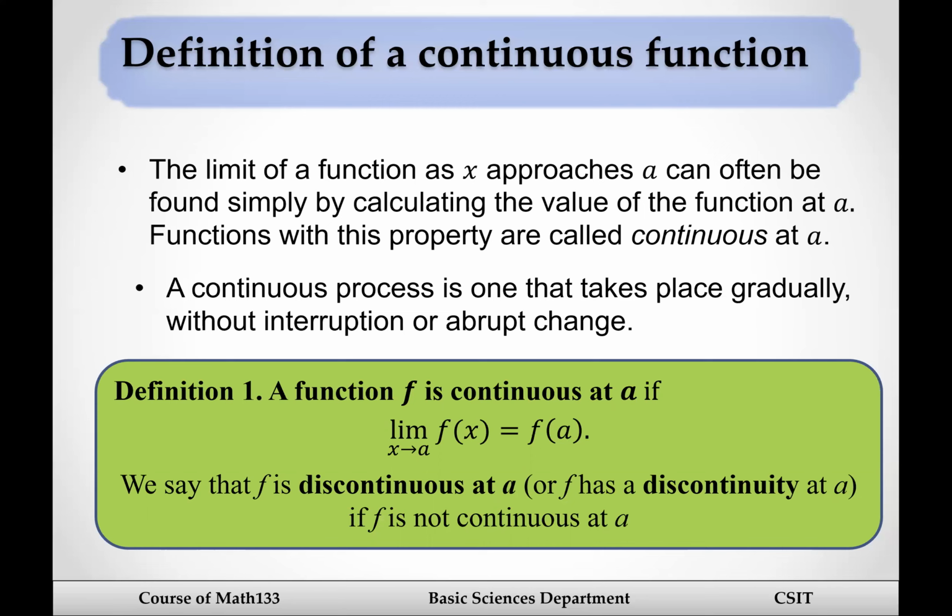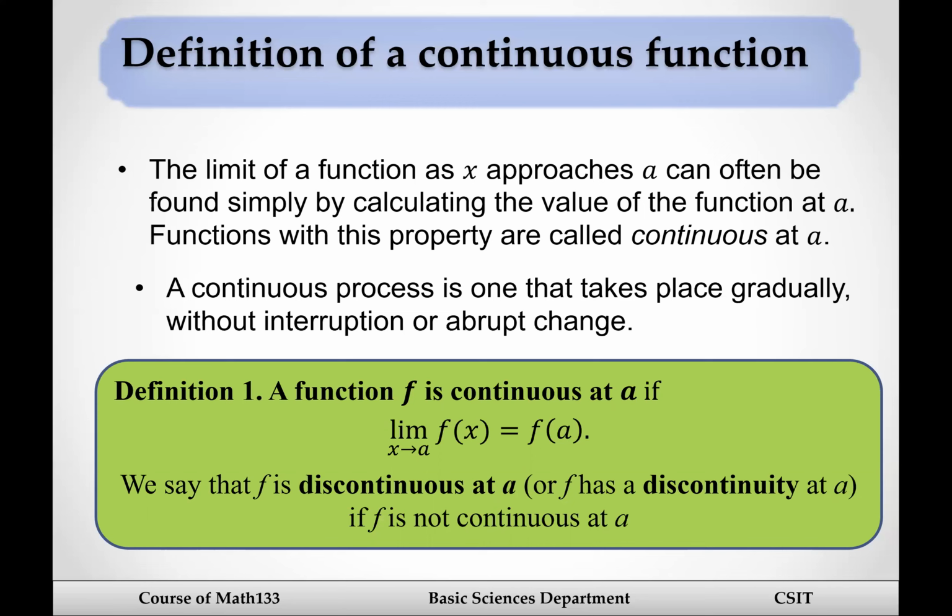Here for continuity, we have another condition. This limit must be the value of f at the point A. So we need to do a little bit more compared to the limit.